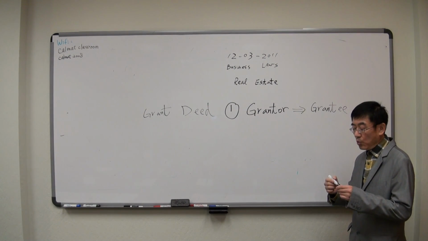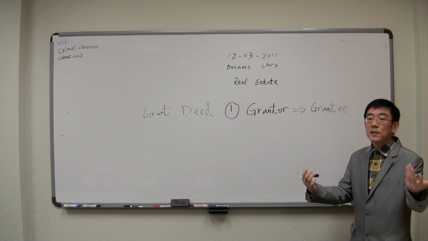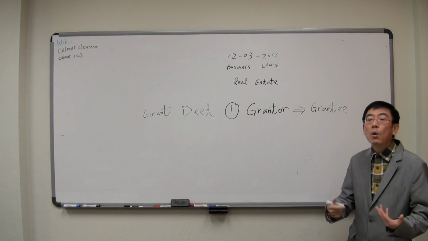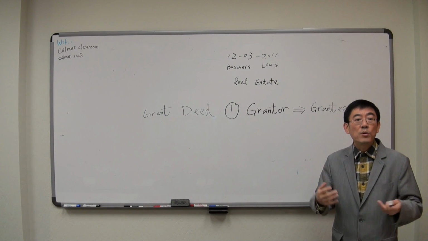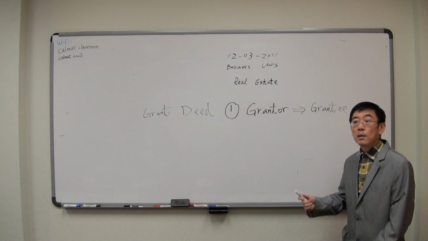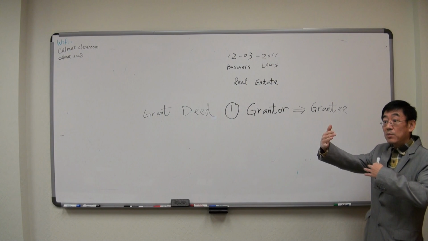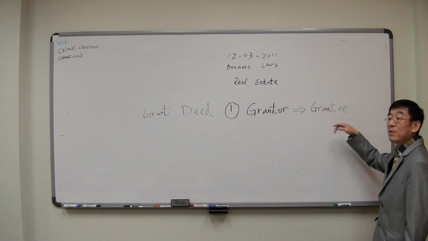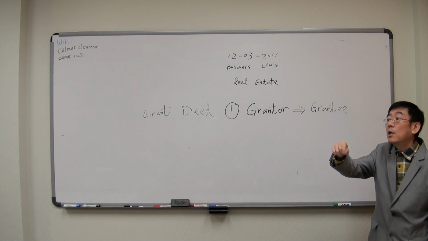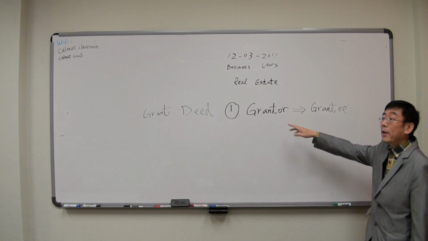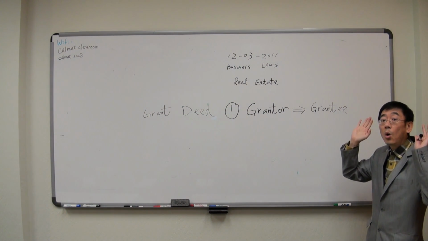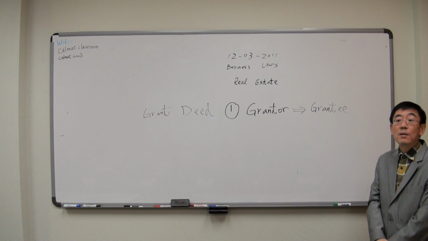So if you want to find out who the previous owner was, the grantee is always the current owner. If you see this paper, grantee always means right now, the current owner, and the grantor is the one who owned the property before this.